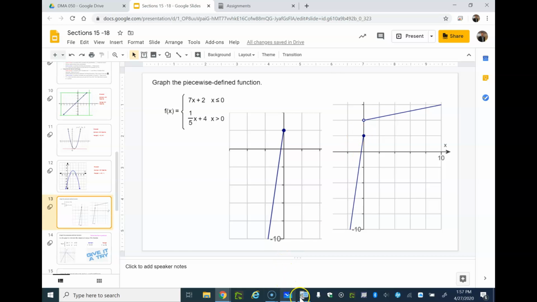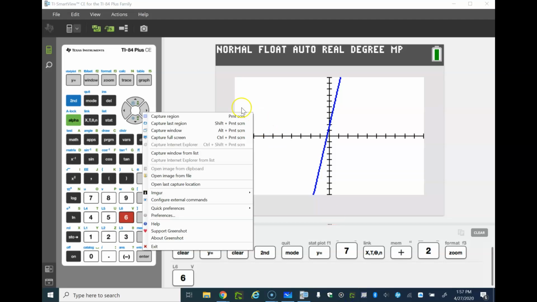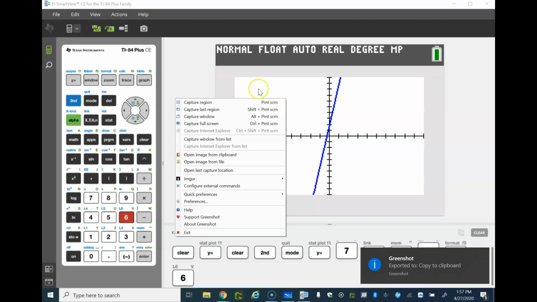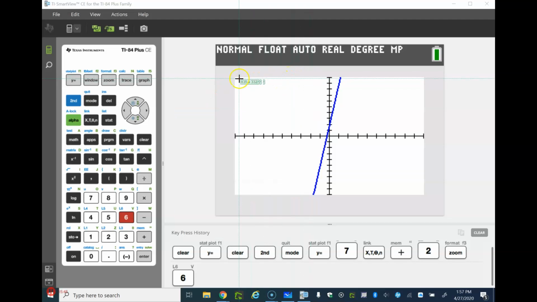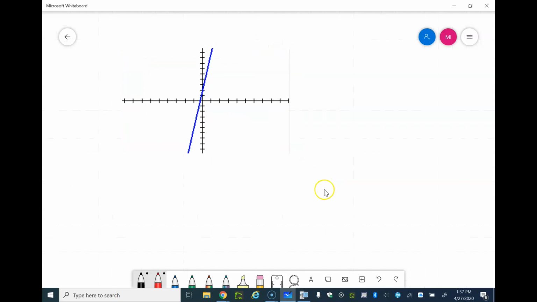So looking at this graph here, another way of looking at it, this is what the full equation looks like for 7x plus 2.